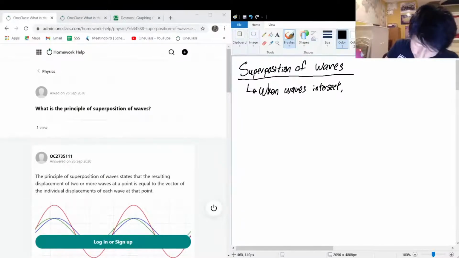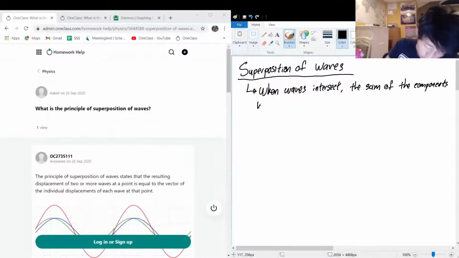When waves intersect, the sum of the components will be equal to the resultant wave.